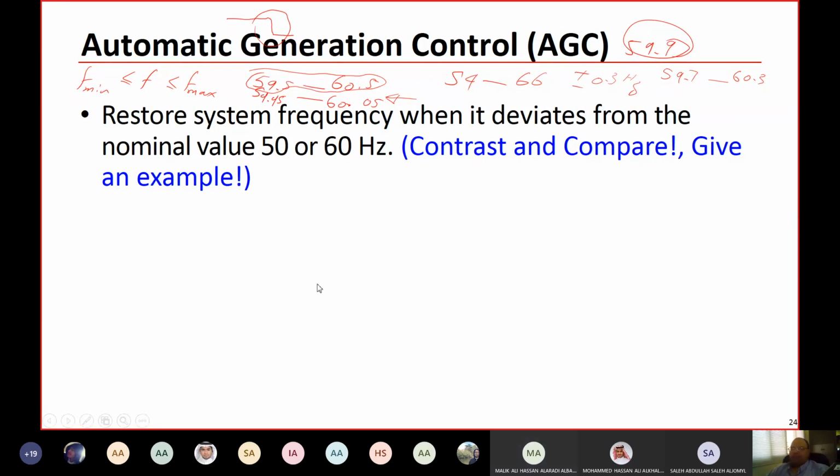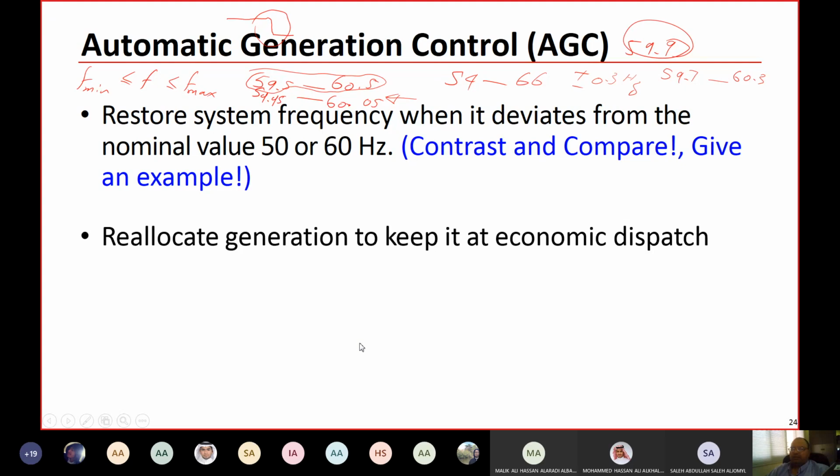Okay, let us move forward. So the responsibility of this problem, automatic generation control, is to reallocate the generation to keep it at economic dispatch.